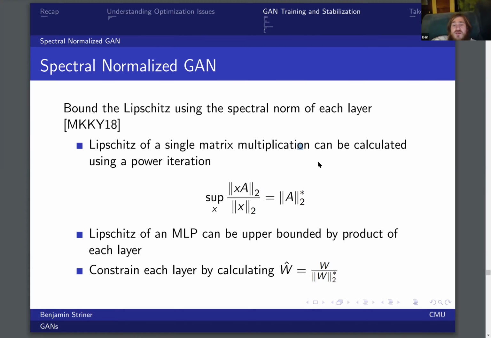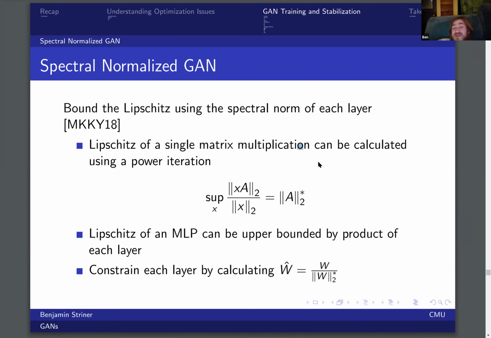And if we think of our neural network as a stack of matrices, then if my first layer has a Lipschitz of 2 and my second layer has a Lipschitz of 4, then that means my overall network has an upper bound of a Lipschitz of 8.